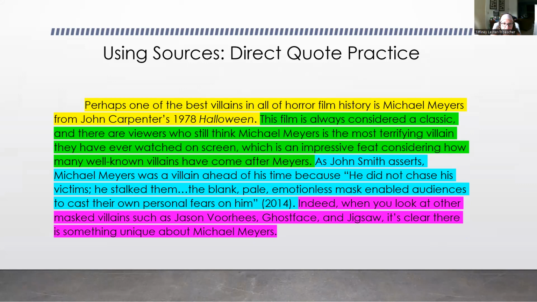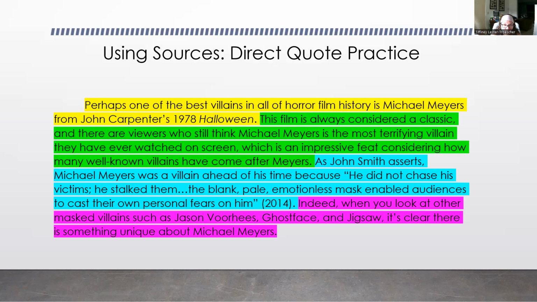And if you remember, in the paraphrase we paraphrased the examples that John Smith used about Michael Myers being the best antagonist: his movement and how he stalked his victims, his mask, and how he was a trailblazer. We paraphrased that. This time around, we're going to focus on using a direct quote instead.